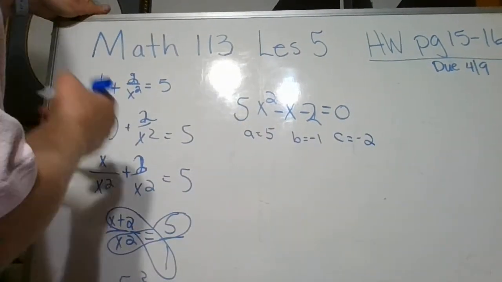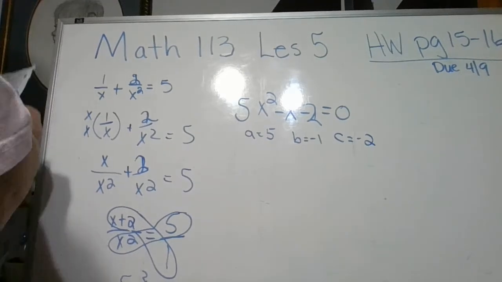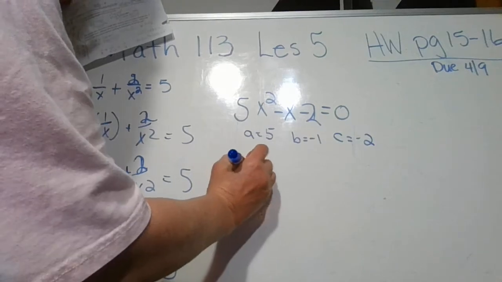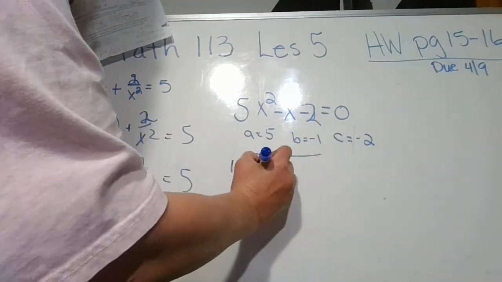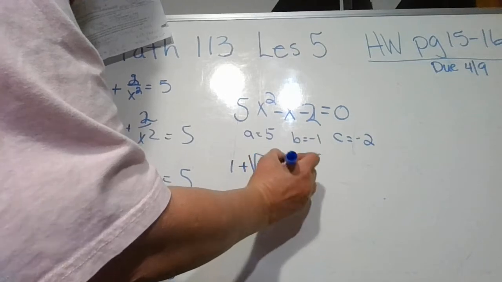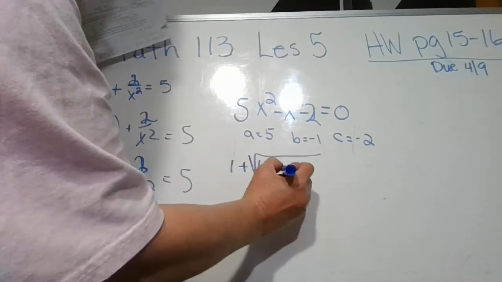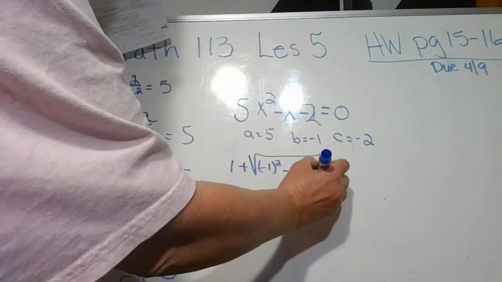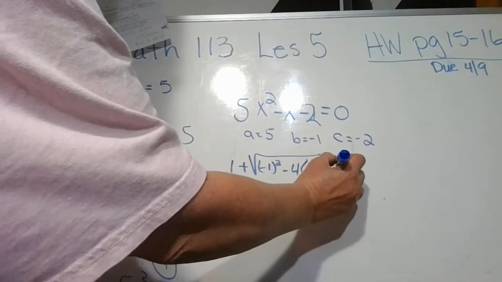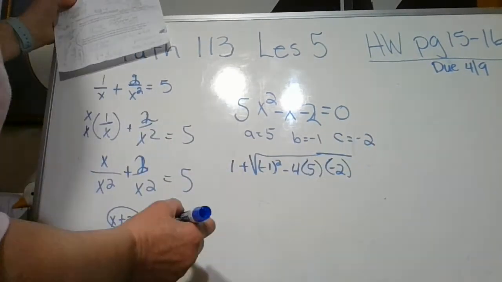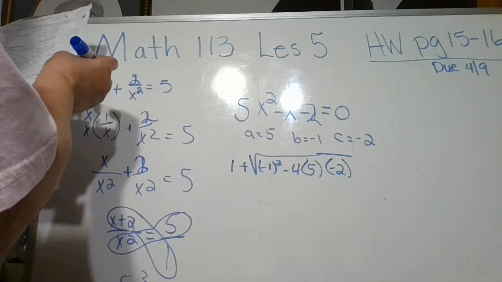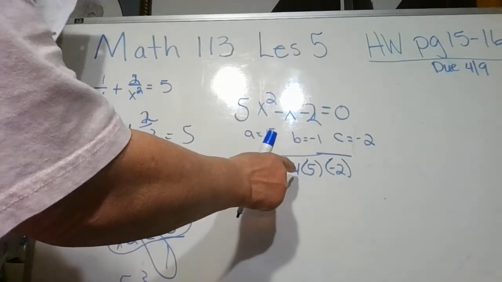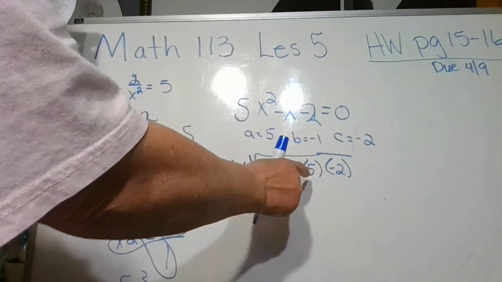If you put that in the quadratic equation, going to have 1 plus or minus the square root of -1 squared minus 4 times A, which is 5, times C, which is -2, and when I put that together, that's going to be 1 plus 40.